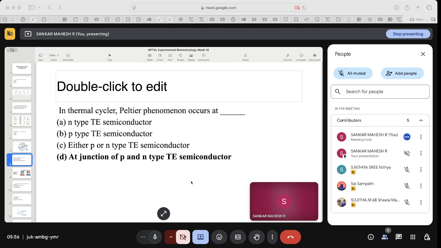PCR. Okay. Why do you need a thermal cycler in a PCR? No, no. Yeah, so if it is only amplification, you need only one temperature, right? Why do you need a thermal cycler if you need an amplification?